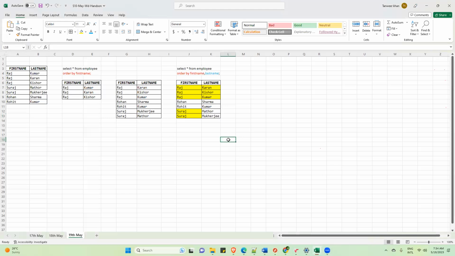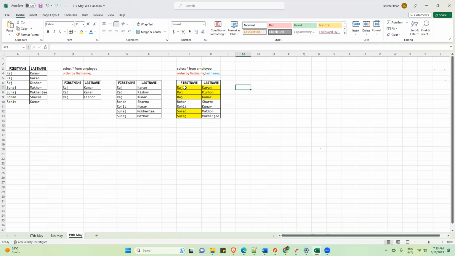Is this clear so far? Okay, good. Now suppose my manager says, and these are very common scenarios in any project, please sort the data based on the first name.